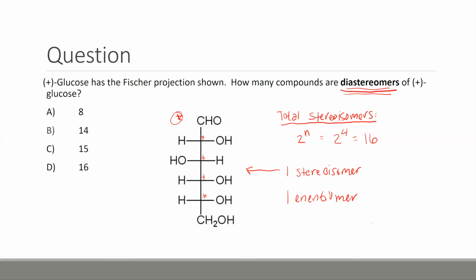So in total, there are actually 14 diastereomers left over. So 16 molecules total. One of them is shown. One of them is the enantiomer of the shown molecule, and the rest are going to be diastereomers of the shown molecule. So 14 would be the answer.